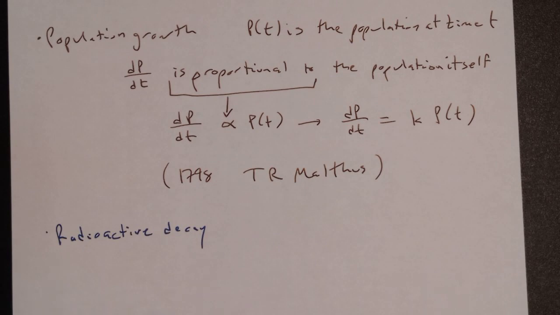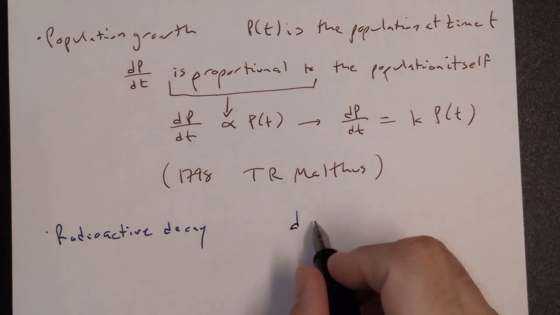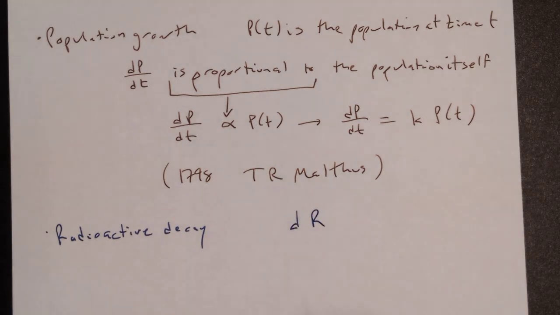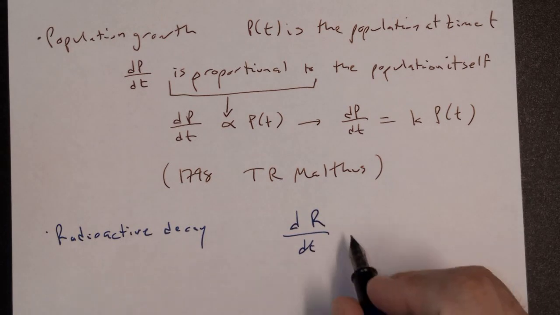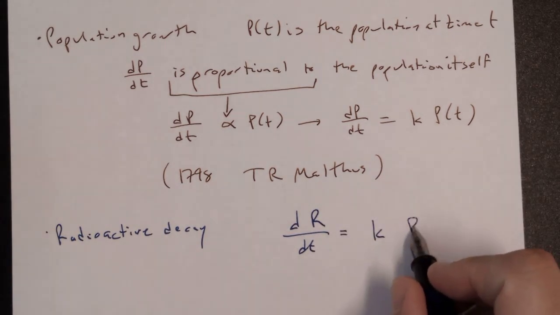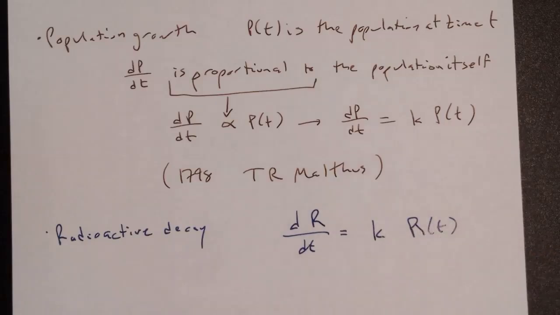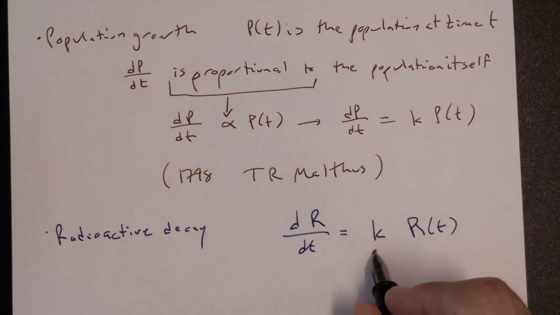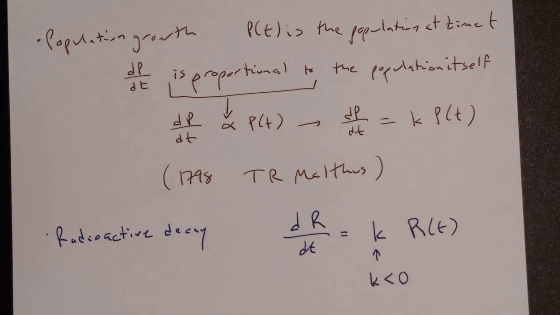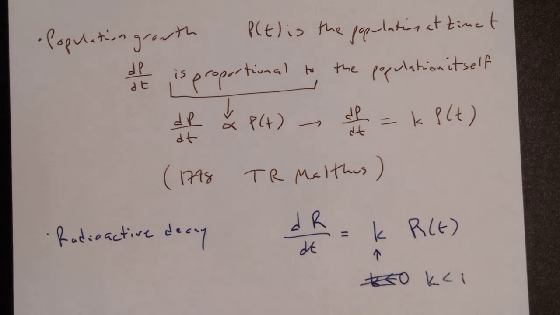Because the change in the amount of radiation with respect to time is proportional to how much radioactive isotope I have in my body. It's the same equation, except the k value here is less than 1.